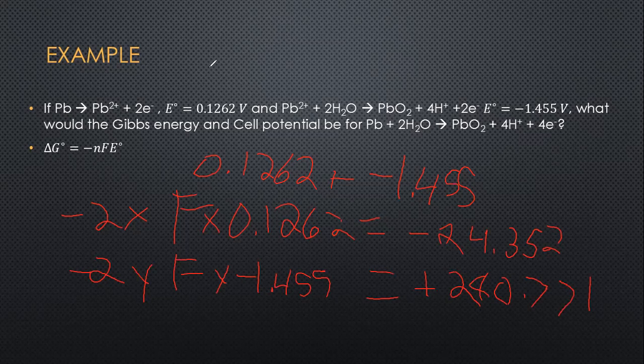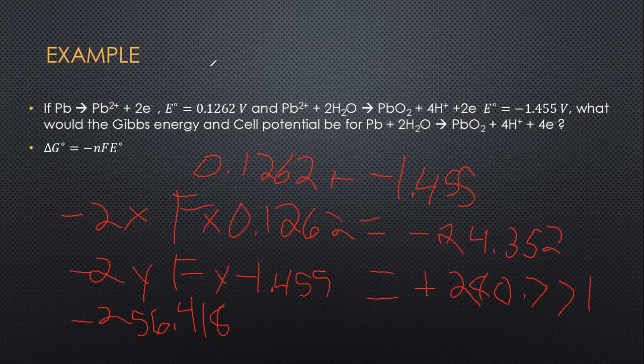Now we can add these together. You get the net Gibbs is negative 256.418.